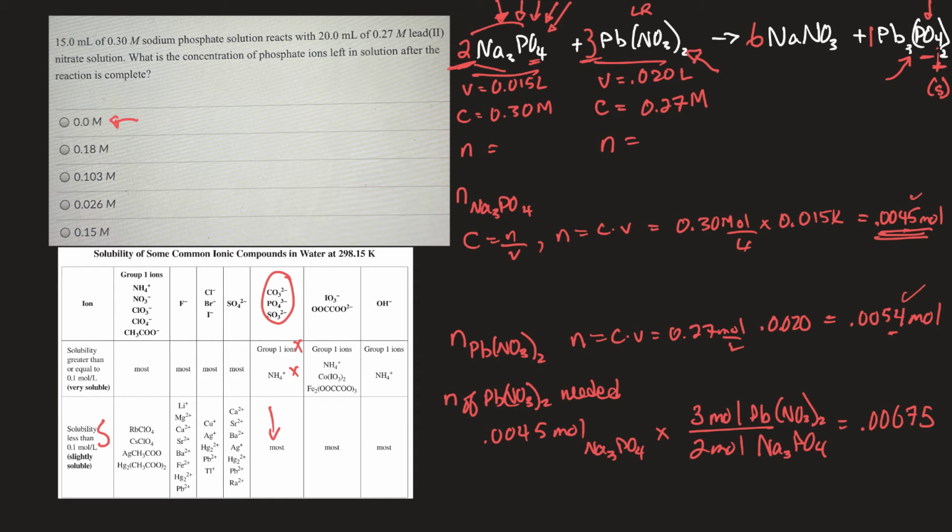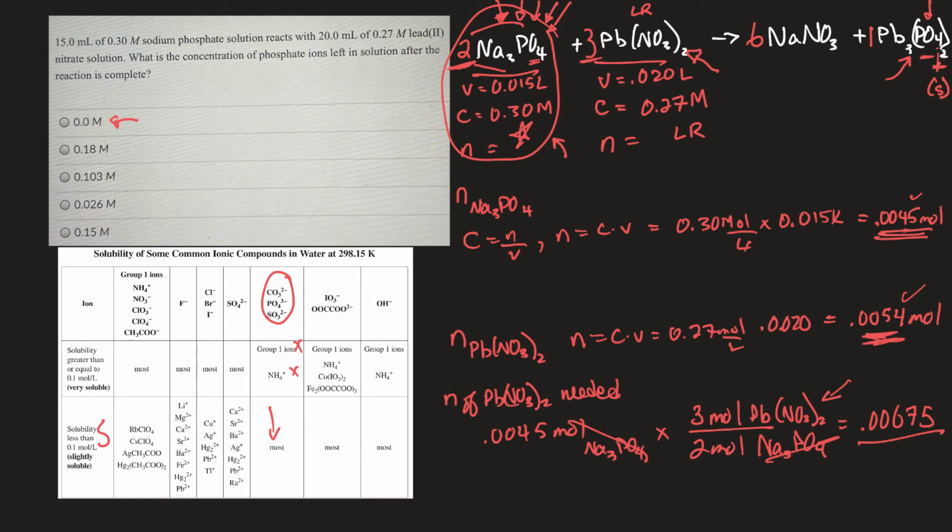So that's how many moles of the lead nitrate I would need if I used up all of this stuff. Okay, but I only have this much. So if I only have this much, that means I have excess of this one. So this is my limiting reagent, and this is the one in excess.